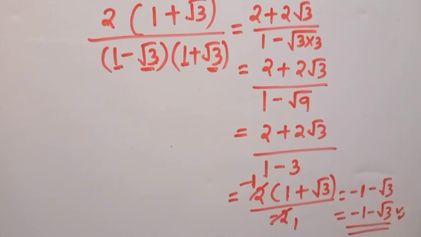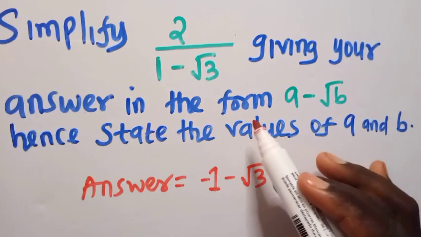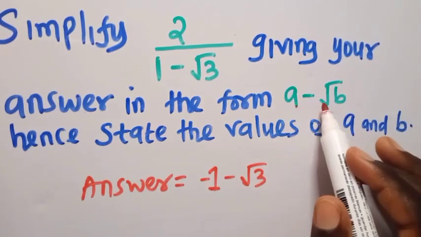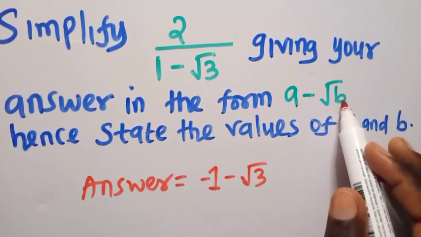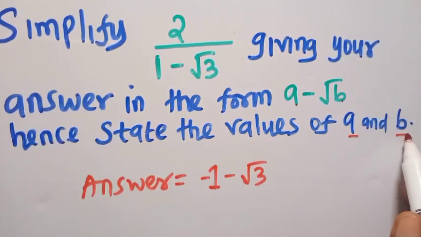But we have been told, after giving our answer in the form a minus the square root of b, that we need to state the values of a and b.